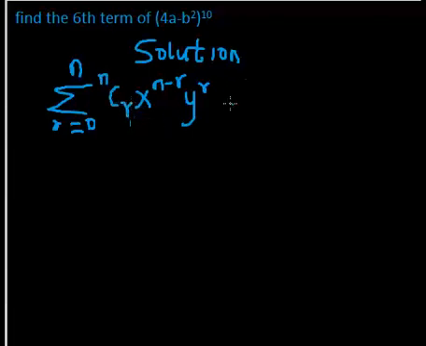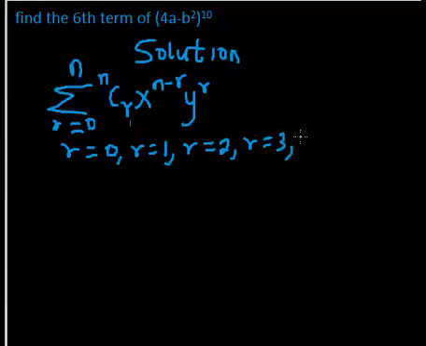Which simply means that if I am to find the sixth term, remember r starts from 0. The first term, r is 0. Second term, r is 1. Third term, r is 2. Fourth term, r is 3.